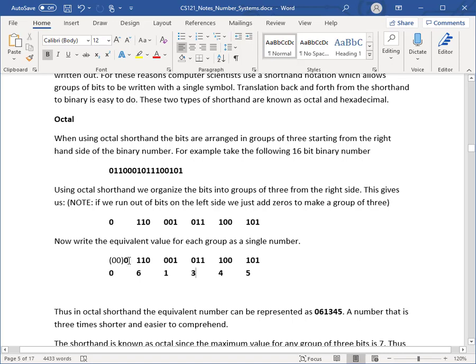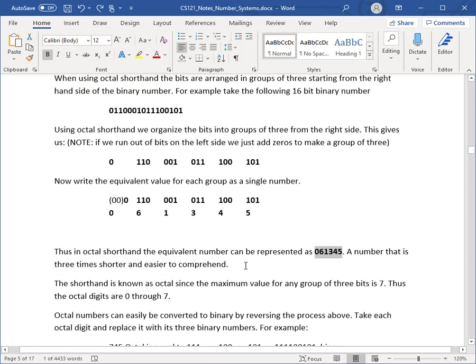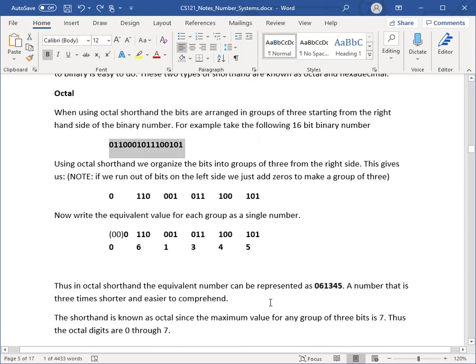To continue this methodology, that last bit is going to be a 0 or a 1, and you could add a couple of zeros to make it a group of 3, and then you have your shorthand over here. That would always be a 0 or a 1. So this string of binary bits can be written in octal shorthand as 061345. Now that number is shorter and it's also easier to comprehend. It's easier to understand that number than it is this string of bits.